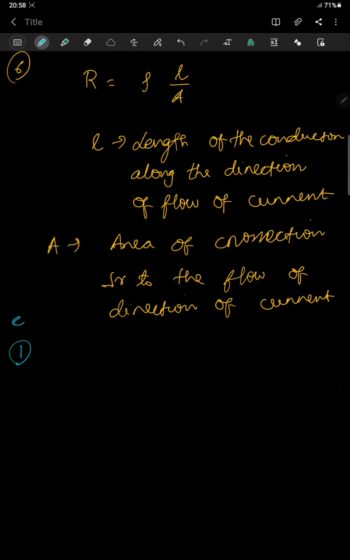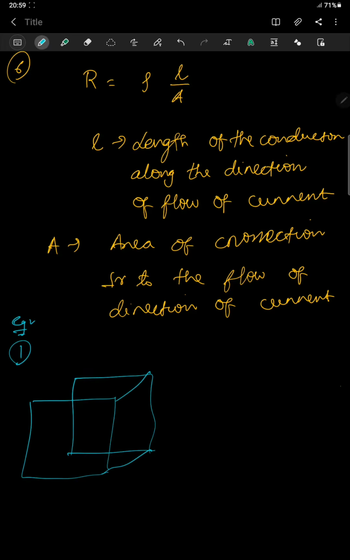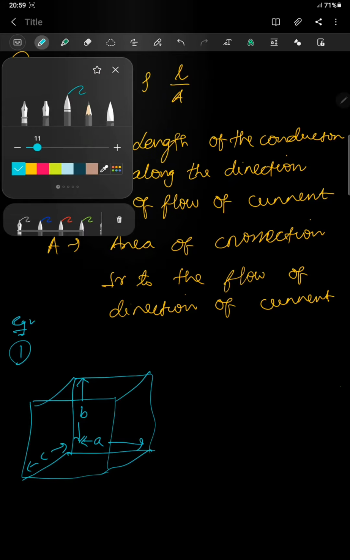The first example which I am doing, suppose we have a cube of different lengths. This length is A, this is B, and this is C. Now I will change some situations.